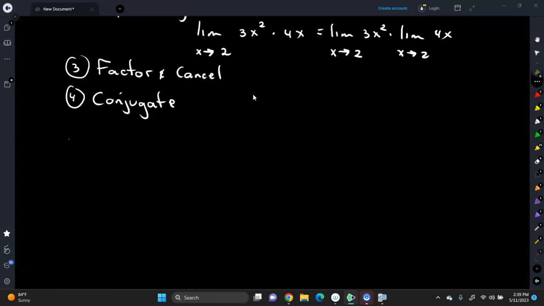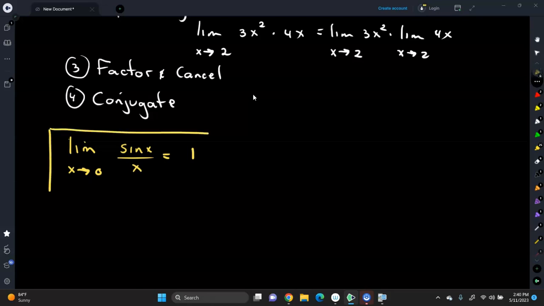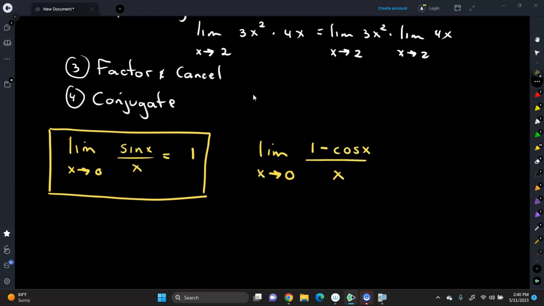One of the special trig limits is the limit as x approaches 0 of sine x over x. Well, that is always going to equal 1. That's one of the limits that we have to memorize. We're not going to prove it, but you do have to memorize it. The other one is the limit as x approaches 0 of 1 minus cosine x over x. This will always equal 0.